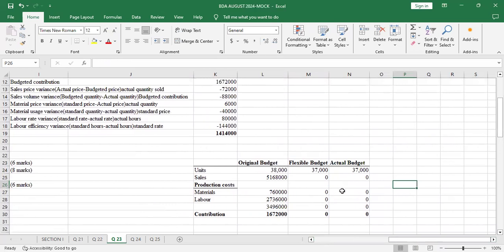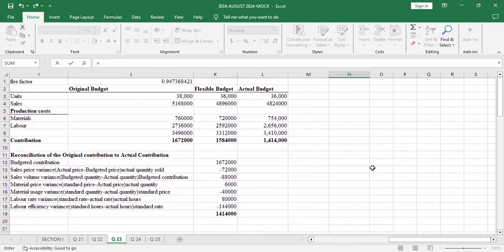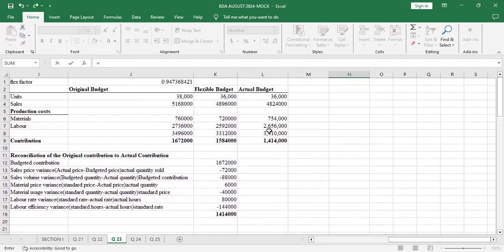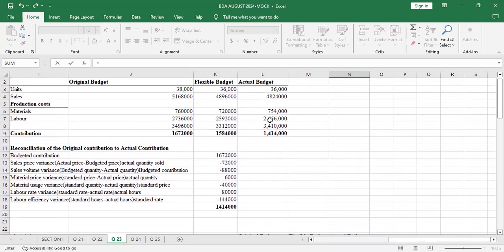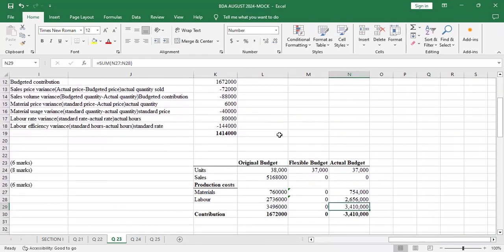So I'll do the same for actual. The production costs remain the same, so I'll just copy the original data for material, and then do the same for labor. And it will give me that value there.